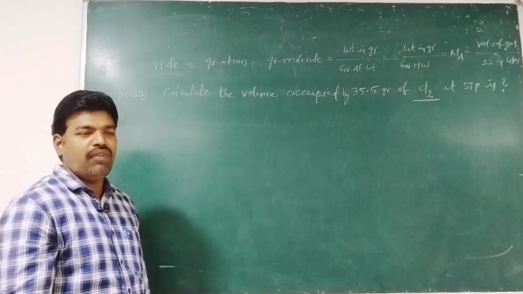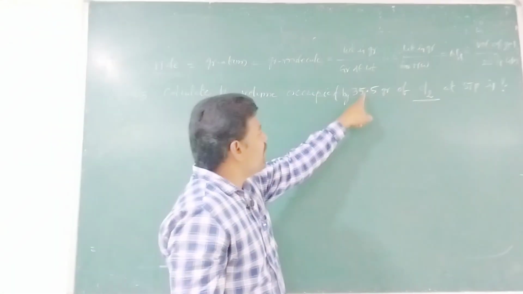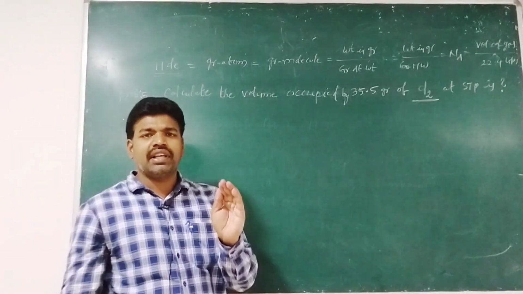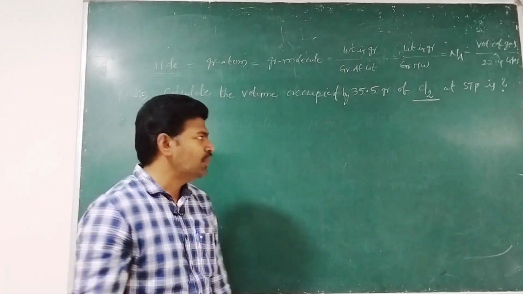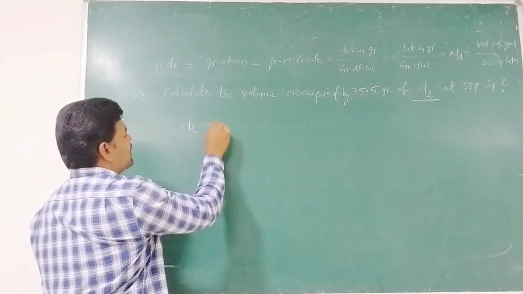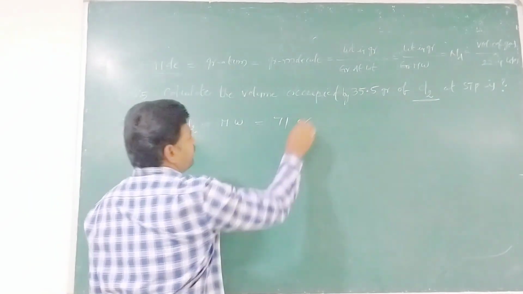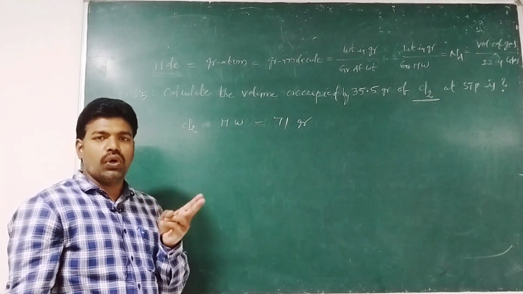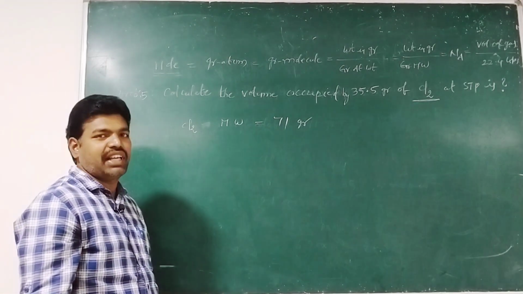Okay, problem 5. Calculate the volume occupied by 35.5 grams of Cl2 at STP. Whenever they give a molecule, you have to write the molecular weight. Cl2, its molecular weight is 71 grams, because one chlorine is 35.5, so two chlorines are 35.5 plus 35.5, that gives 71 grams.